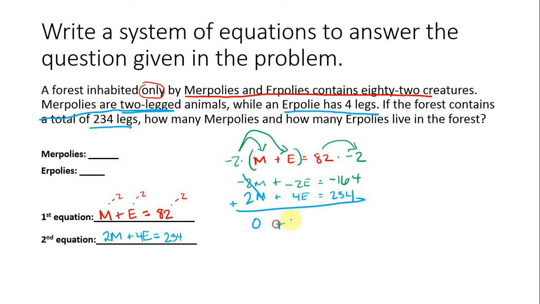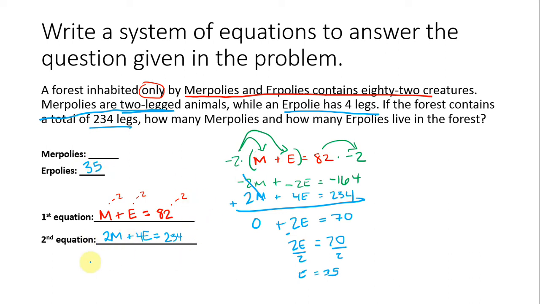And I'll get 2e equals negative 164 plus 234, which is going to give me 70. So I'll get 2e equals 70. I'll divide both by 2, and I'll get e equals 35. So the number of erples is 35.